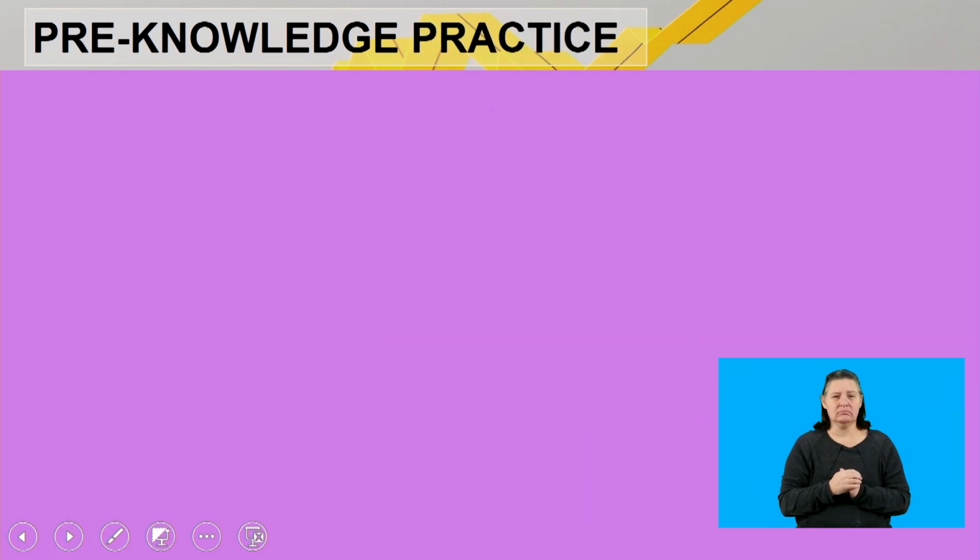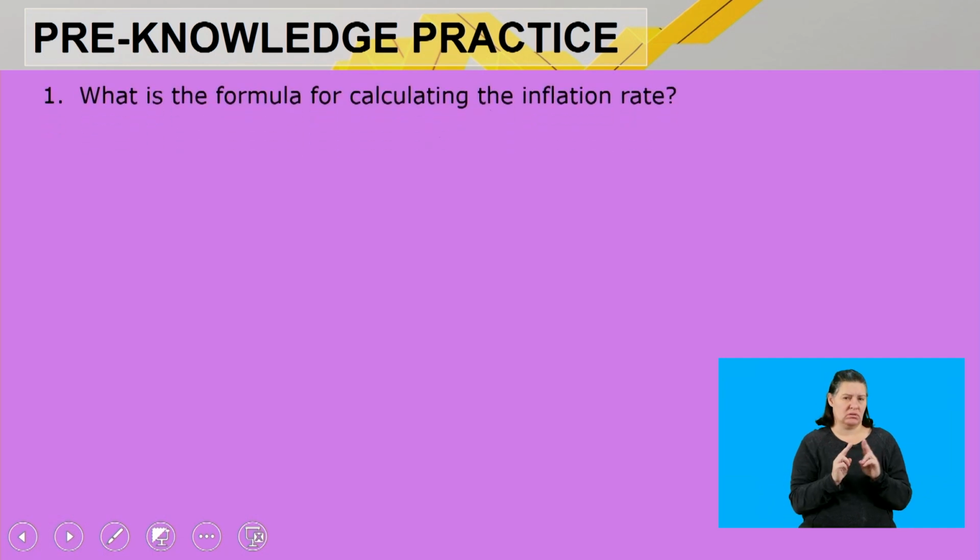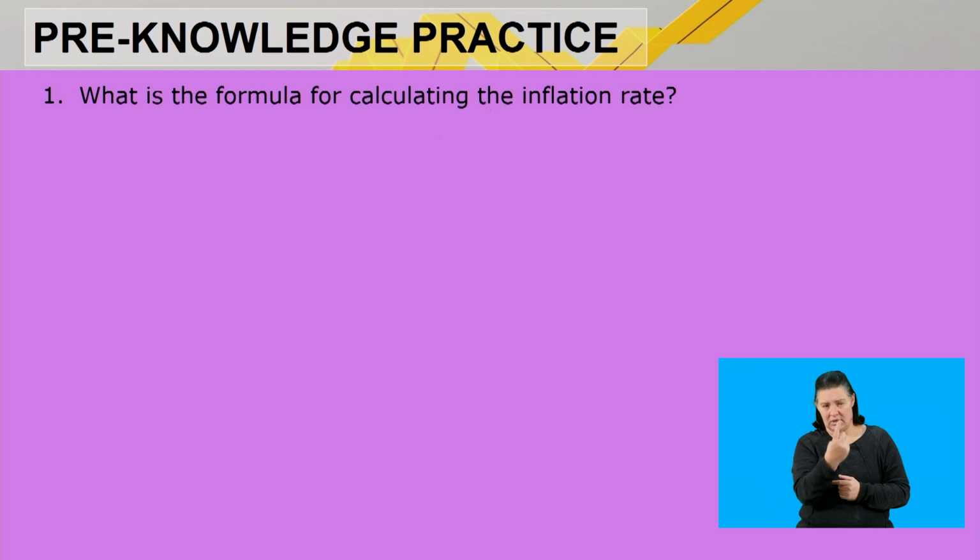Now let's quickly do a short practice, and I want you to do this with me. Please work with me on this one. So I ask here question 1. What is the formula for calculating inflation rate? I'm going to write this down for you.